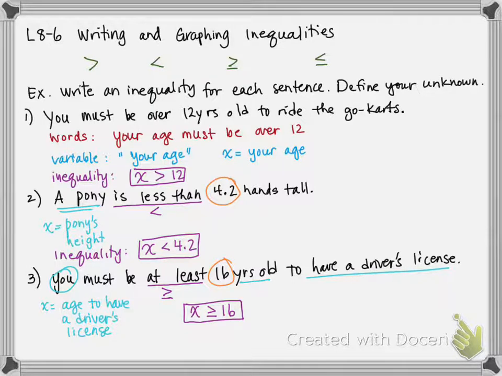So let's go to my next slide, and let's talk about graphing. When we're graphing, our symbols are going to break down into two groups: greater than or less than, and greater than or equal to or less than or equal to.